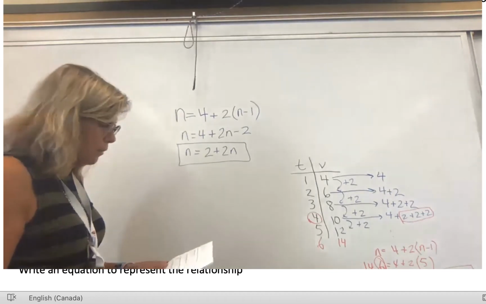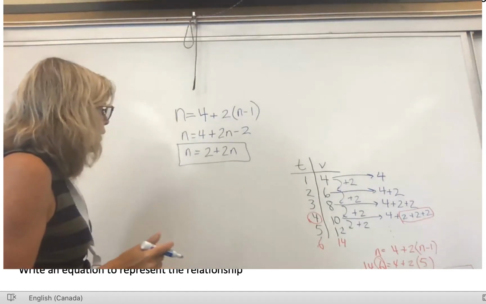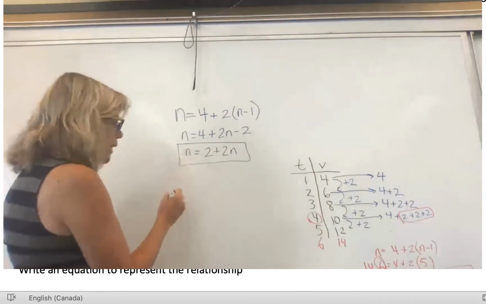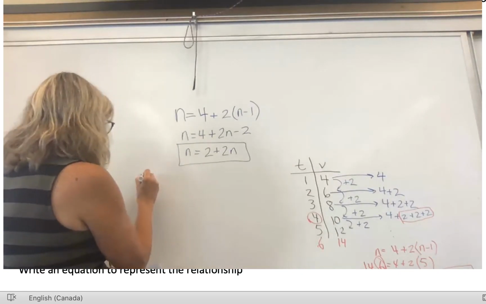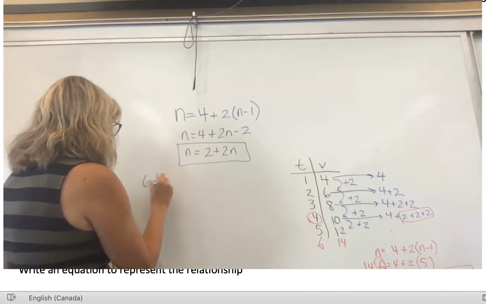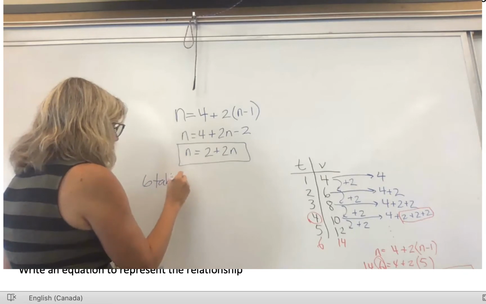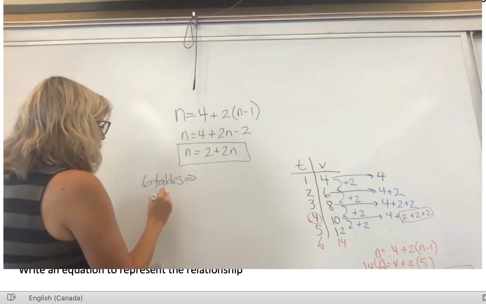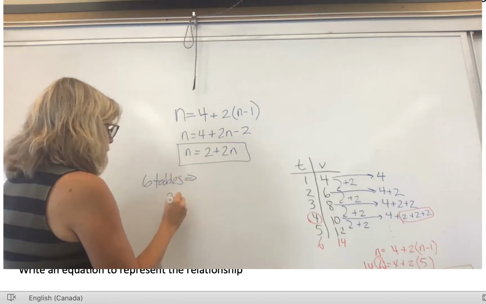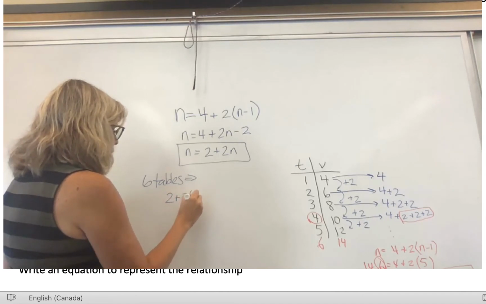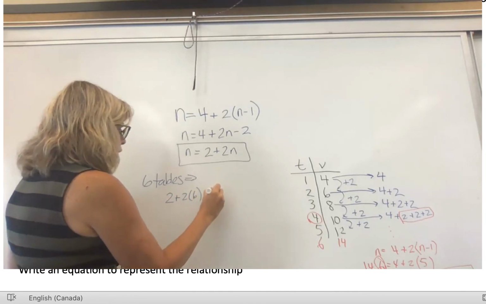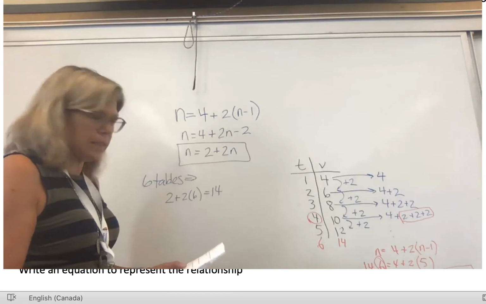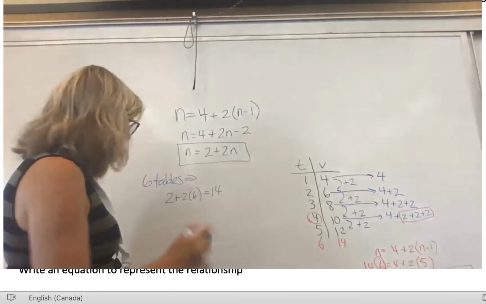All right, so then if we want to apply that formula, we'll use the equation to determine the number of people at 6 tables. So that means that n equals 6, and we just did number 6 here, or 6 down there, but 6 tables equals 2 plus 2 times 6, which equals 14. And it says determine the number of people at 10 tables.